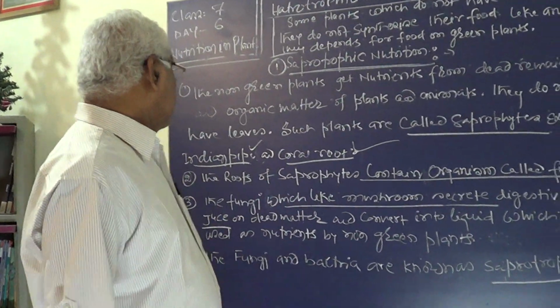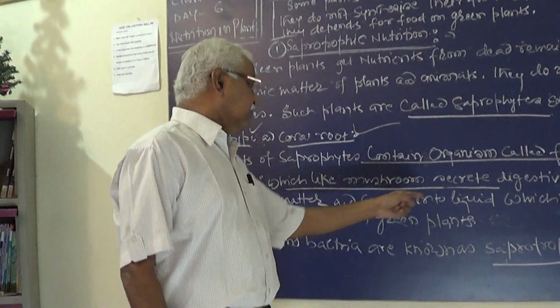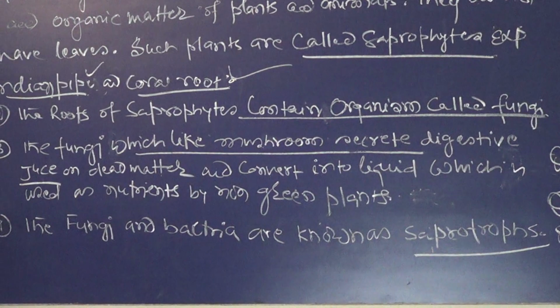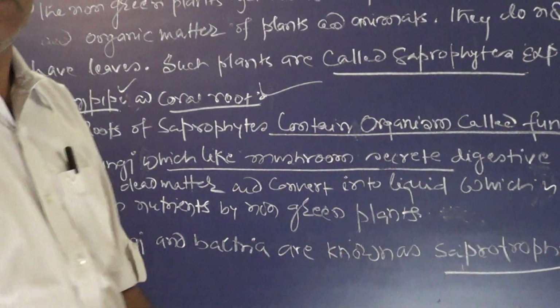That juice acts on the dead matter and converts it into a liquid, which is used as a nutrient by non-green plants.